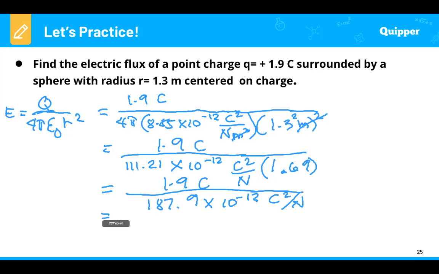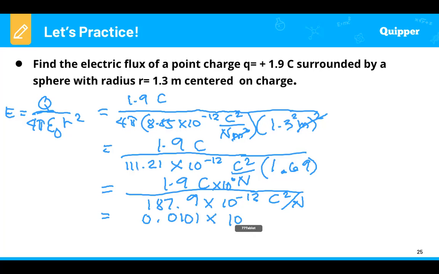Okay, so then this one, the next one is we will now put here 10 raised to 0, para magkaroon tayo ng scientific notation sa taas. So we have 1.9 divided by 187.1 is 0.0101. Okay?